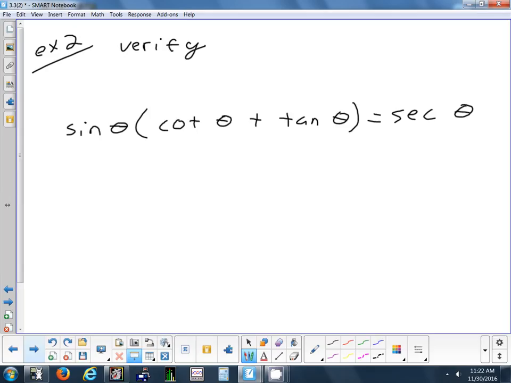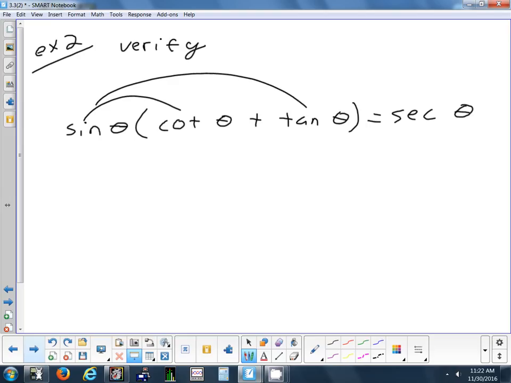All right, so now they want us to try to turn all of that stuff on the left into secant. So somehow, if we do everything right, everything on the left is going to cancel out and just turn into secant. Karen, any thoughts what I could try to do first on the left side? Sure, we can distribute.